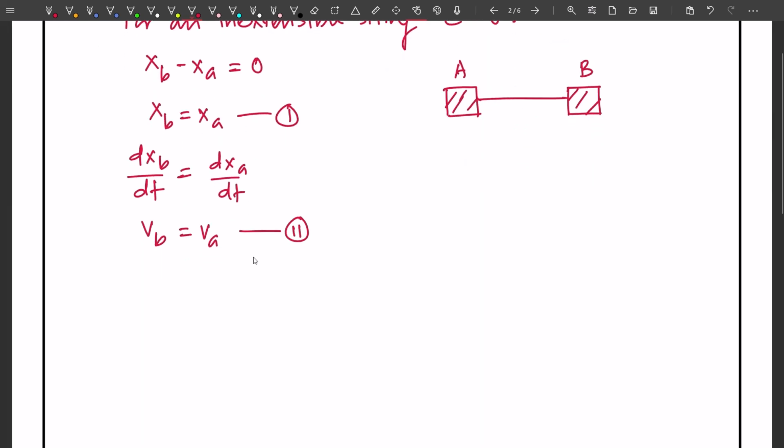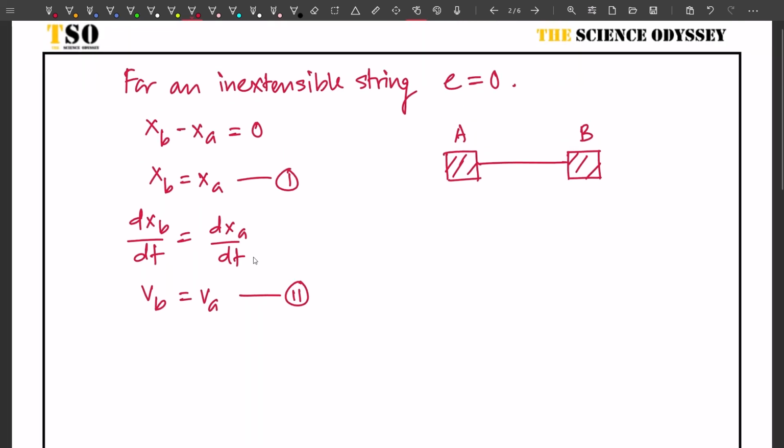That is, the velocity of B will be equal to the velocity of A. So if this block B moves in this direction with a velocity Vb, the velocity of block A will be in the same direction and of the same magnitude. So we can write this as vectors.